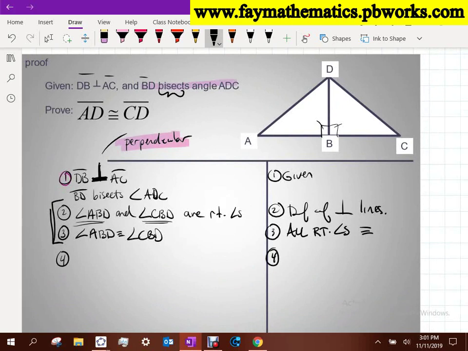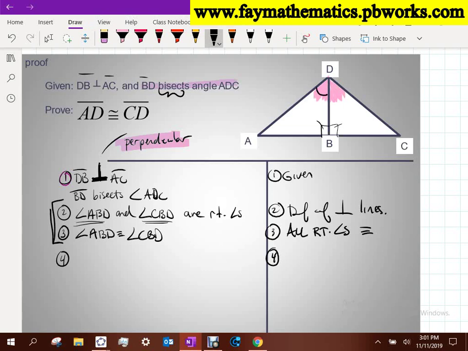Okay, so now we just got to figure out what we're splitting. Because we have bisectors for segments and we have bisectors for angles, right? So this is an angle bisector, so we should get two equal angles. So I'm going to look up here. They're talking about ADC. ADC is that entire purple angle, pink angle, whatever color that is.